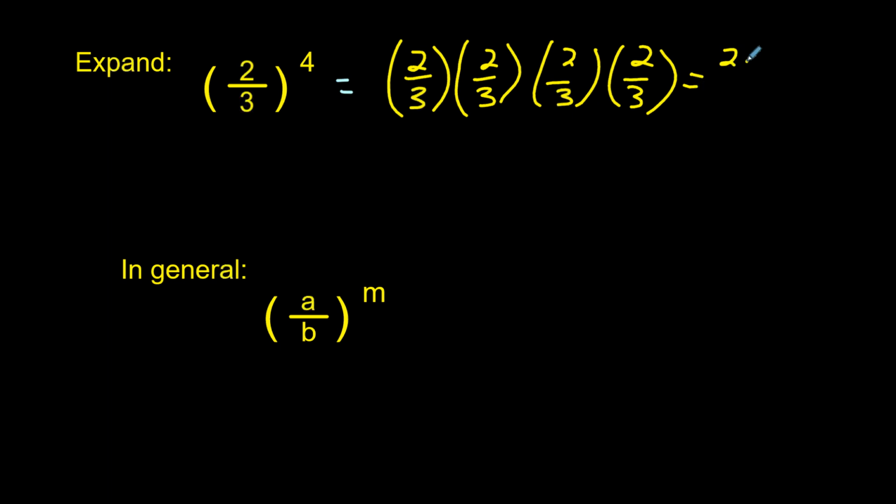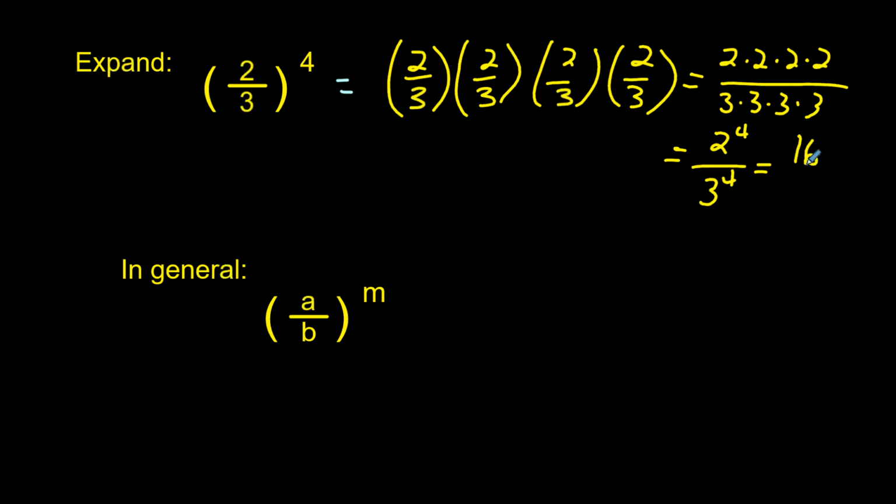And so we'd have 2 times 2 times 2 times 2 on top. And then we multiply across the bottom, so it'd be 3 times 3 times 3 times 3. And so this ends up being 2 to the 4th over 3 to the 4th, which is 2 to the 4th is 16, and 3 to the 4th is 81. So that becomes 16/81.